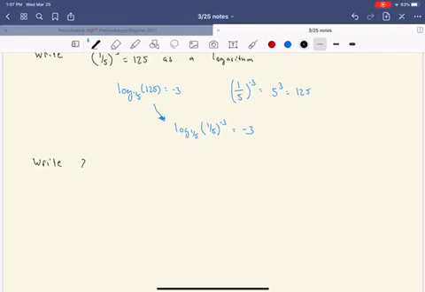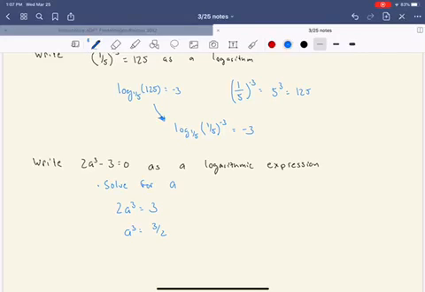Write 2a to the 3rd minus 3 equals 0 as a logarithmic expression. Okay, so we're going to go ahead and solve for a. 2a to the 3rd equals 3. a to the 3rd equals 3 halves.